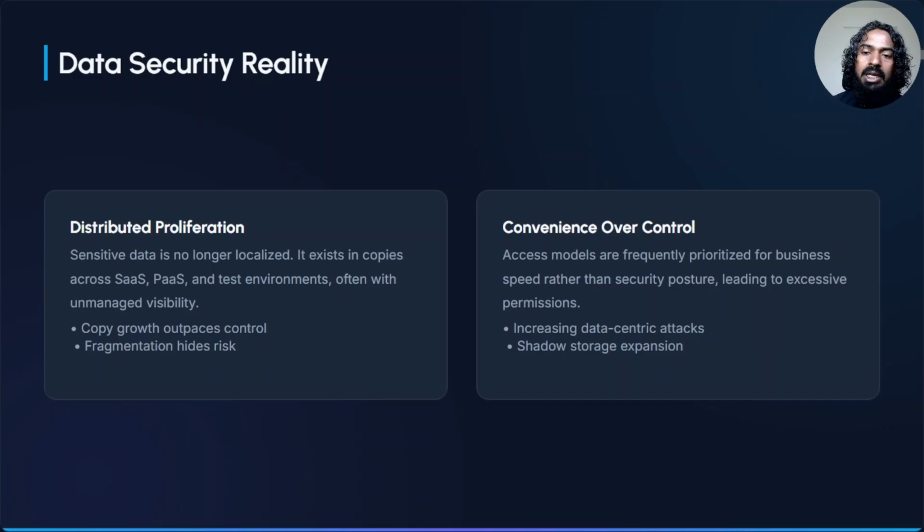For example, customer data exists in your production database, then in analytical systems, then in your exported Excel files, then in someone's laptop as well, right? So when someone asks where is our sensitive data, the honest answer is rarely clean, and that's the first problem.